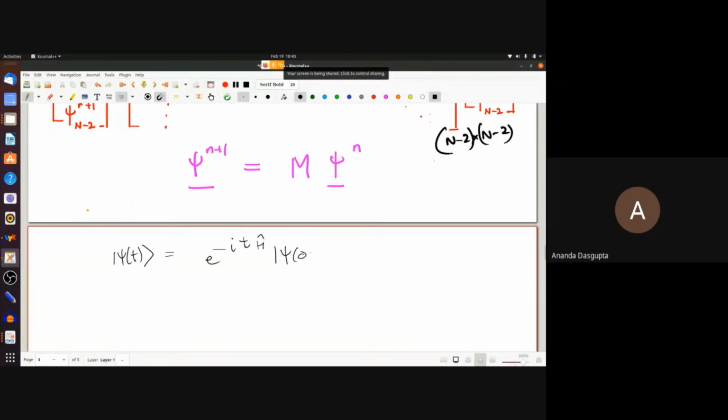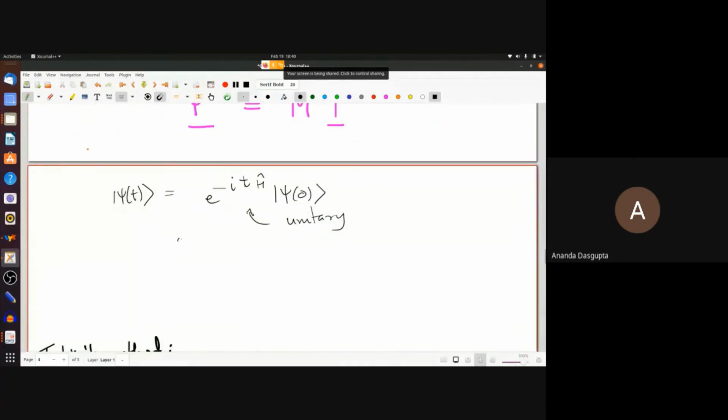This is a unitary evolution. This operator is unitary. It preserves the norm. What we have done here effectively is we have replaced this with 1 minus i delta t H hat. The first order approximation. That's what we have essentially done, right?